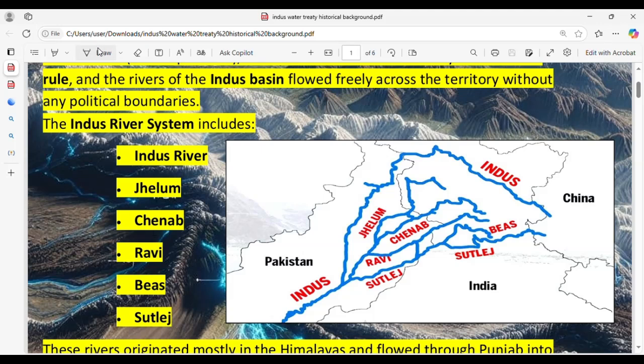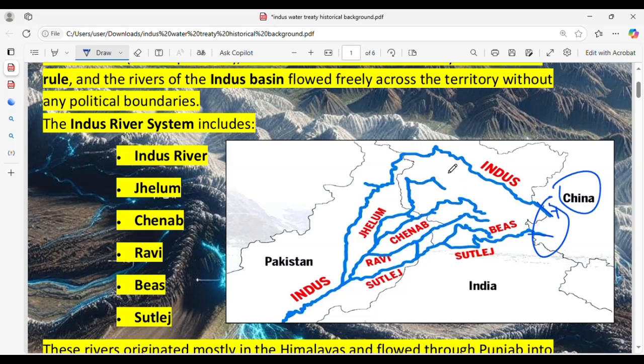As we can see here, two of the main rivers, the Indus and the Satluj, originate from Tibet, the Tibetan area which is now occupied by China. So these 6 rivers are the main part of this treaty.